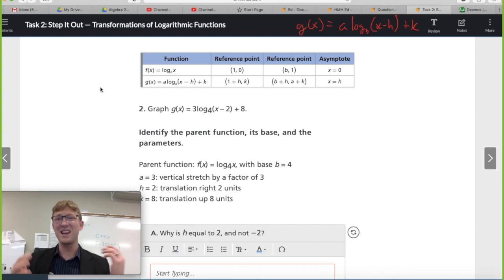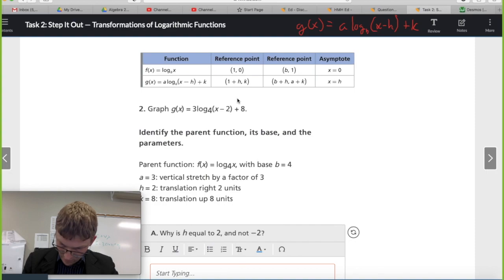And I'm hoping that we're kind of getting used to this process here because we've done the same process for multiple different types of equations. And so our reference points are going to be 1 plus h, k, and b plus h, a plus k.